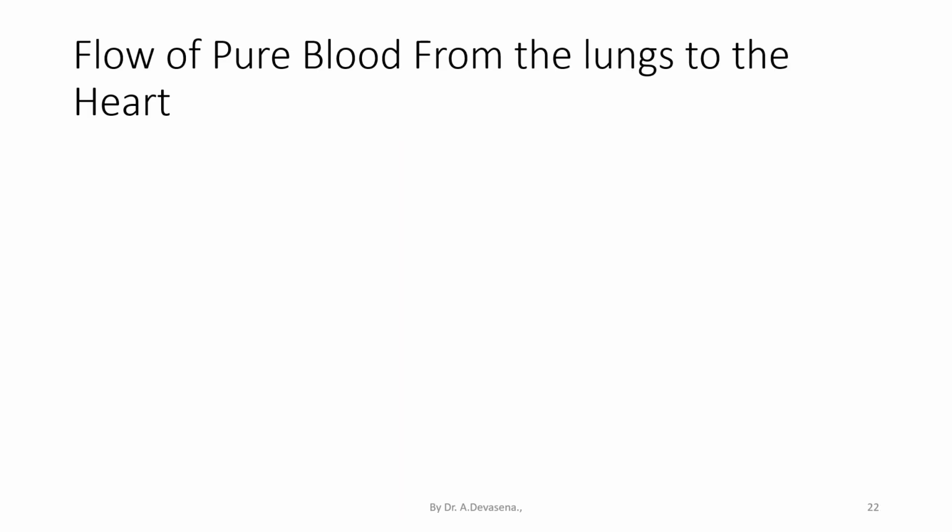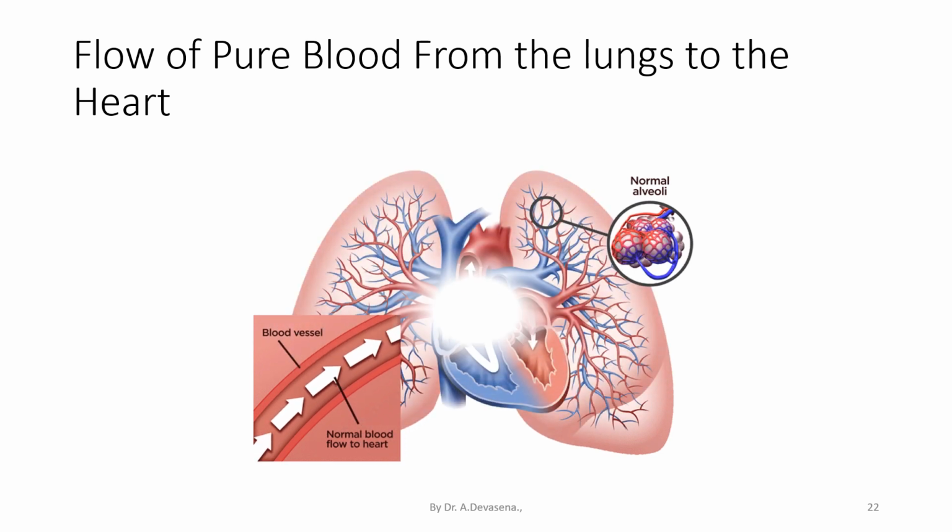Flow of pure blood from the lungs to the heart. Pure blood from the lungs is carried by the pulmonary vein and it pours the pure blood into the left atrium. This is indicated here.